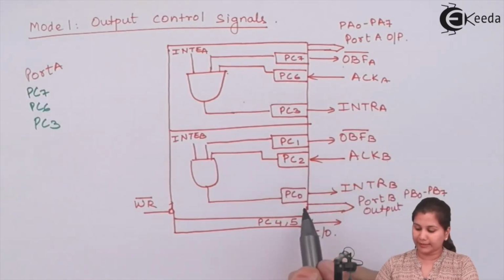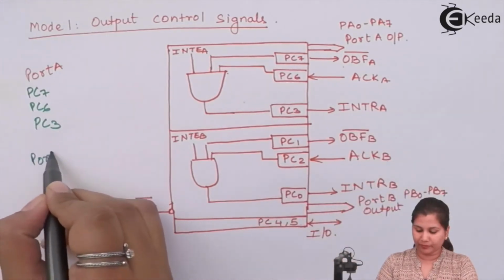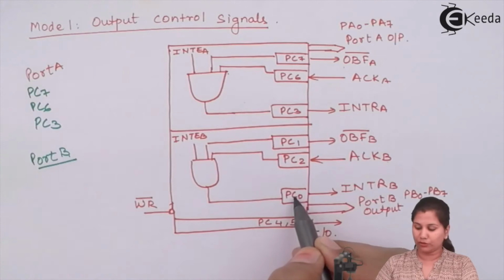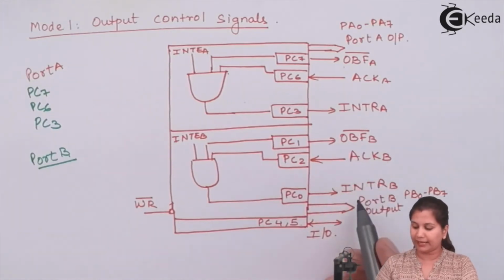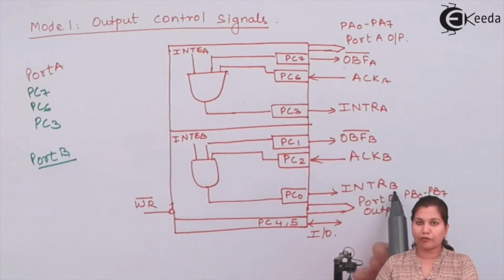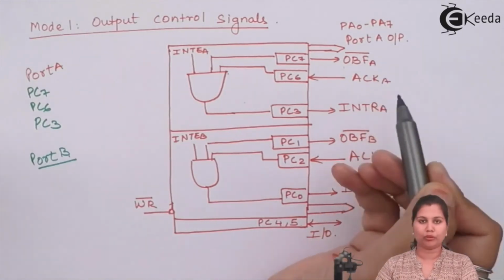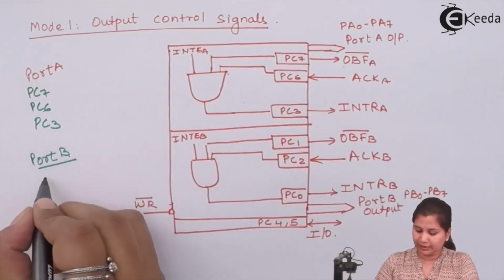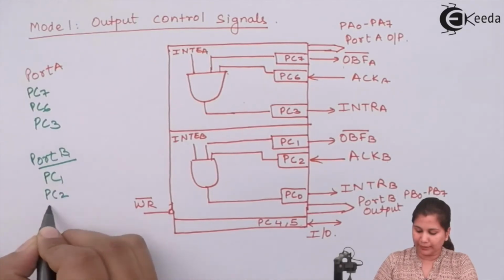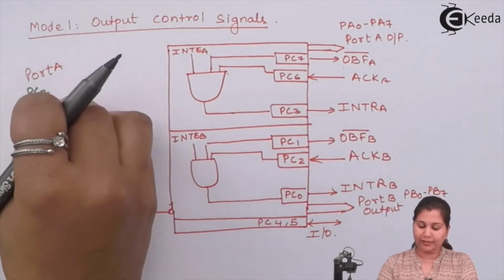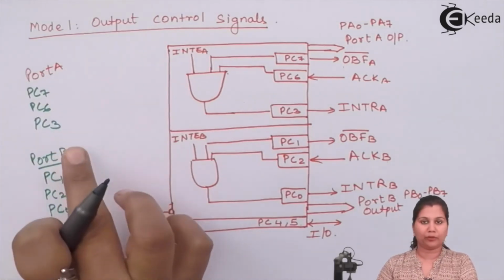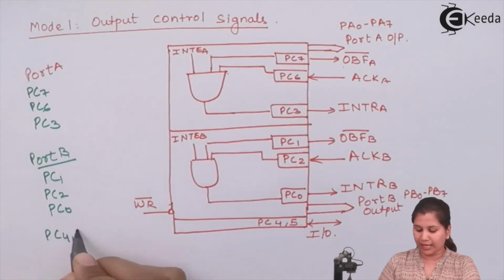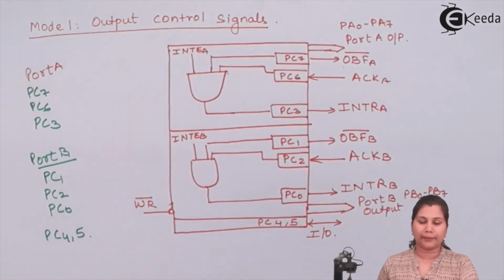Port B uses PC1, PC2 and PC0 for OBF, ACK and INTR. The subscripts A and B differentiate the signals for port A and port B. So three lines are used by port A, three lines by port B, and the remaining two lines, PC4 and PC5, are used as general input output pins.